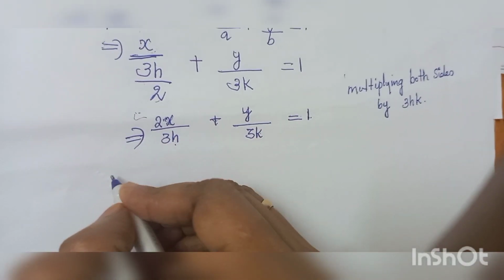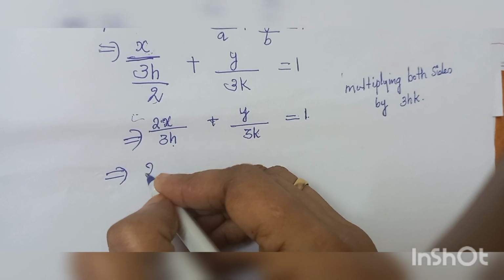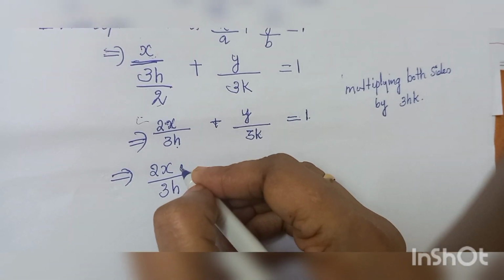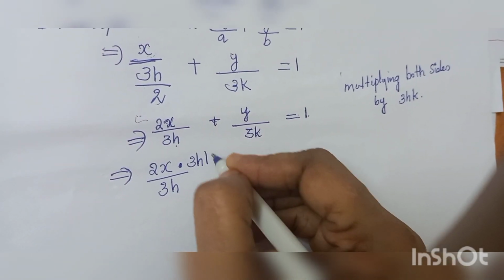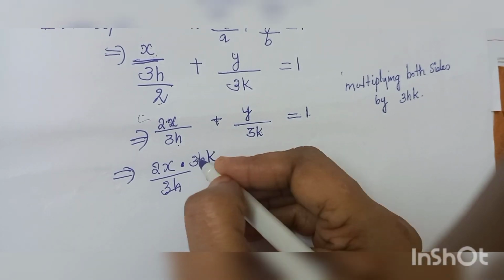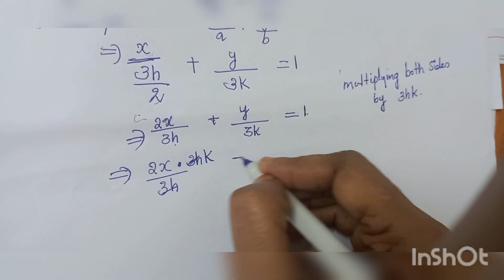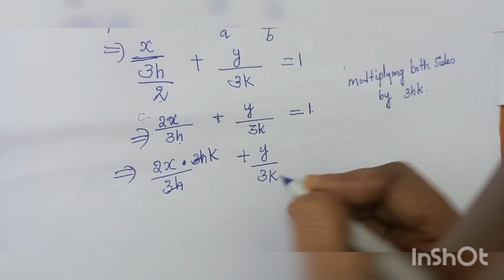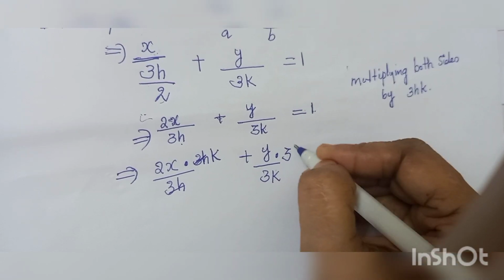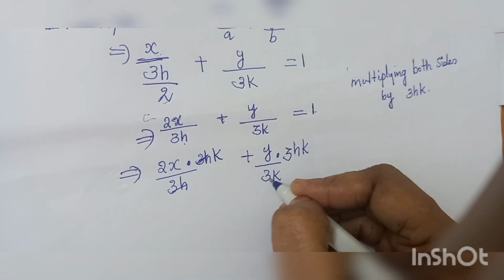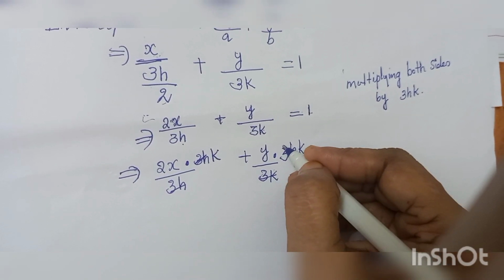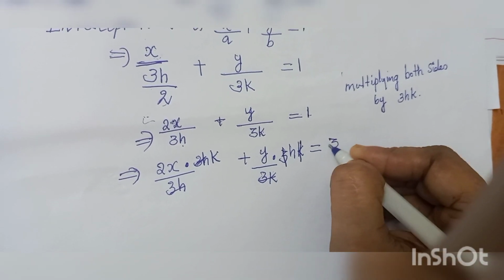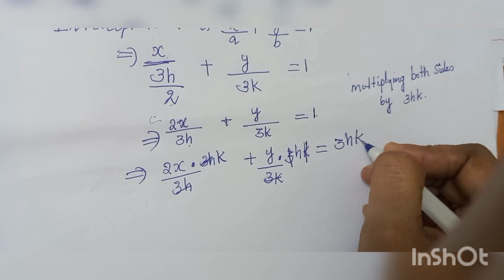So 2x by 3h into 3hk, these 3h cancel, plus y by 3k into 3hk, so these 3k cancel and k will cut off, and on the right we get 3hk.